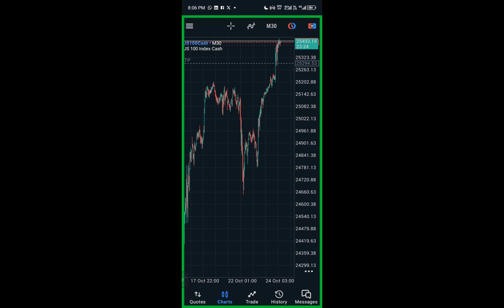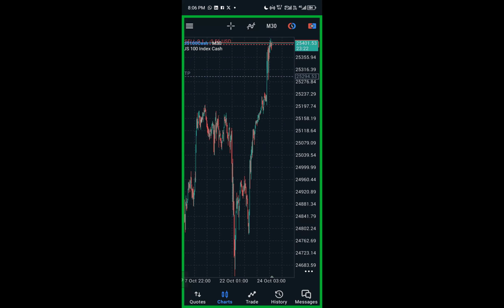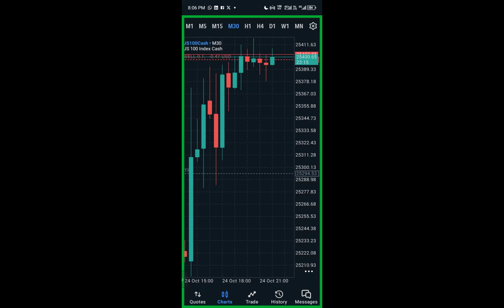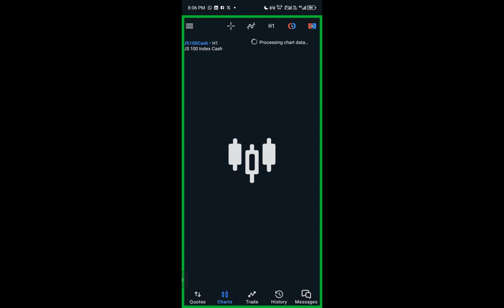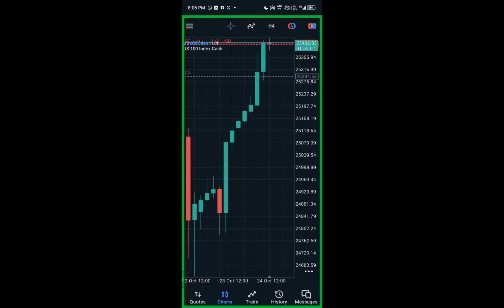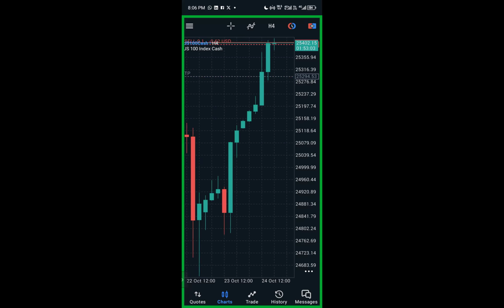If that is not working, just change it to a higher time frame. Maybe change it to H4, that's 4 hours. Squeeze it down. You're not squeezing it down, so you cannot see where your stop loss is.